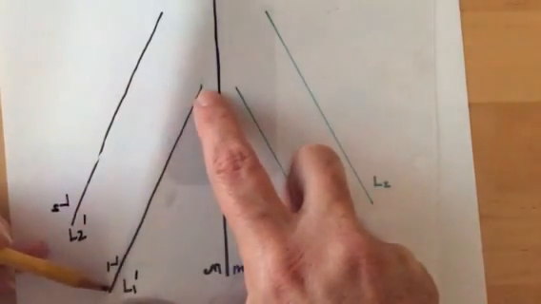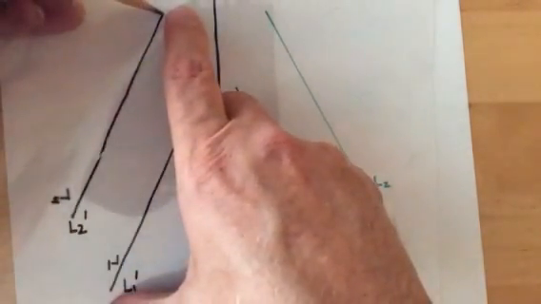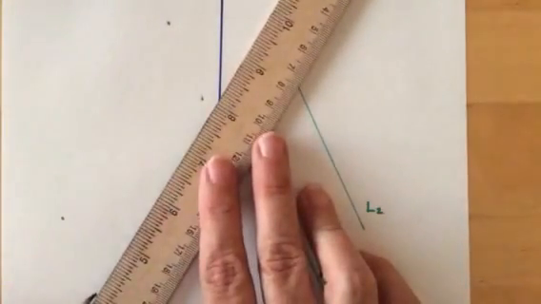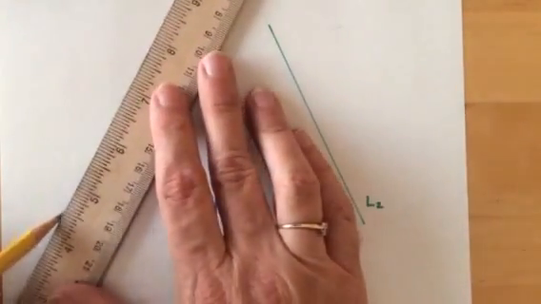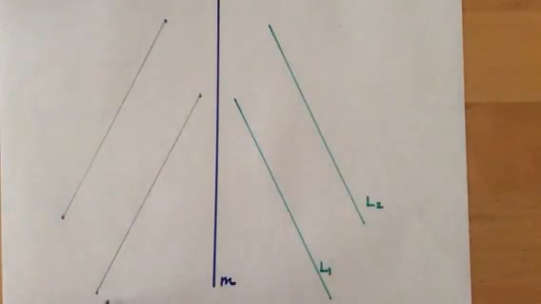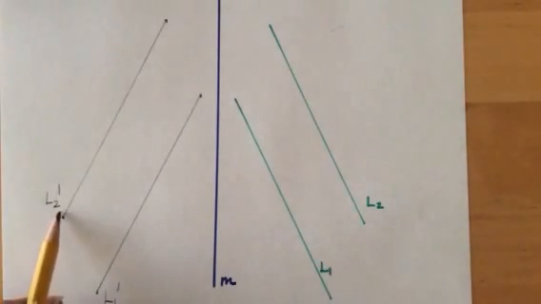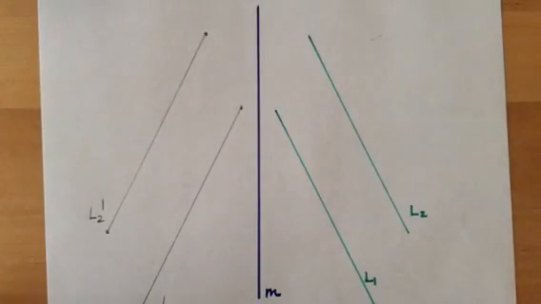And so obviously, since we're flipping them over and we see that this is a mirror image, we can see that reflections are going to take parallel lines to a new set of parallel lines. So there's one, and there's two. So this would be L1 prime, the reflection of L1, and this would be L2 prime, the reflection of L2. Okay, and we can make a case for that. We can make a proof for it, but I think for now, this will be good. We'll probably get back to that later.